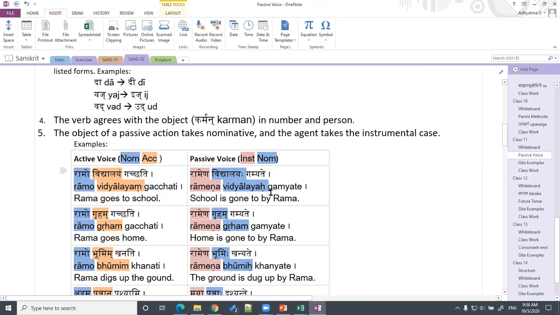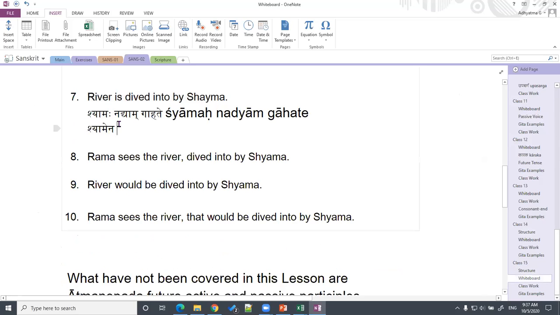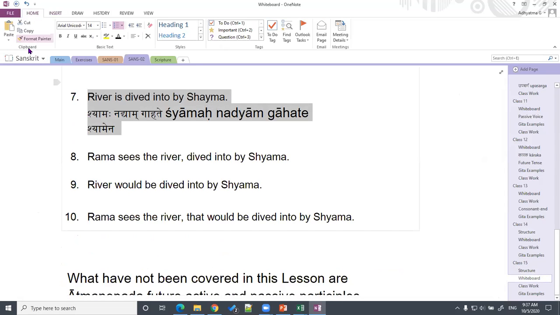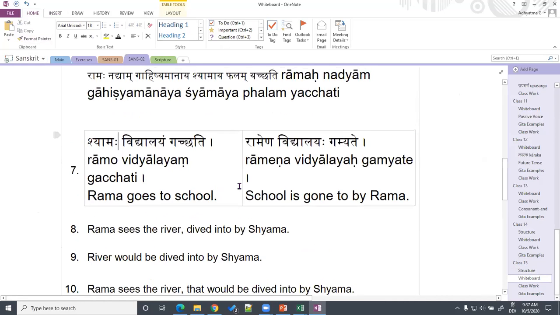So let me take this example. We'll just say Shyama here instead of Rama. Shyamah Vidyalayam Gacchati.